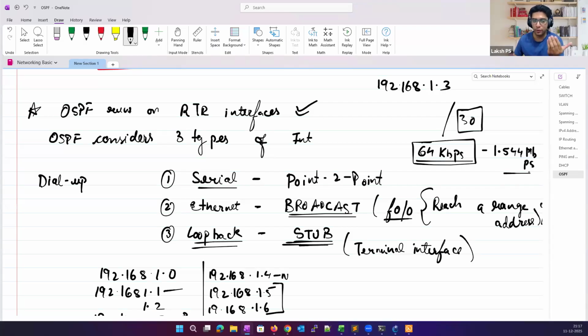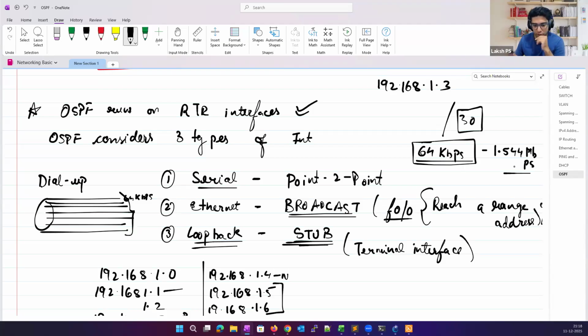So it's not 64 kbps. Suppose this is one cable and inside there are different small wires, and each wire's capacity is 64 kbps. When you add them together, you get 1.544 mbps.